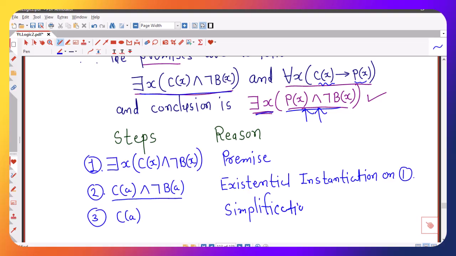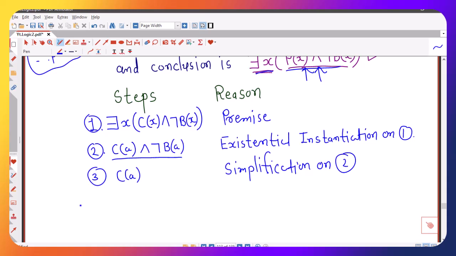Okay, this is a rule of inference for propositions. Simplification rule of inference says that whenever we have P and Q, then we can write either P or Q as we wish. So this is known as the simplification rule of inference. So here I am writing C of a because I require it.